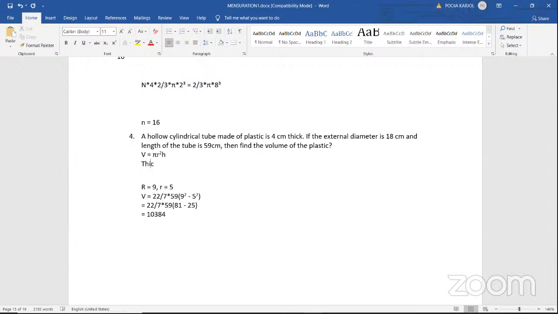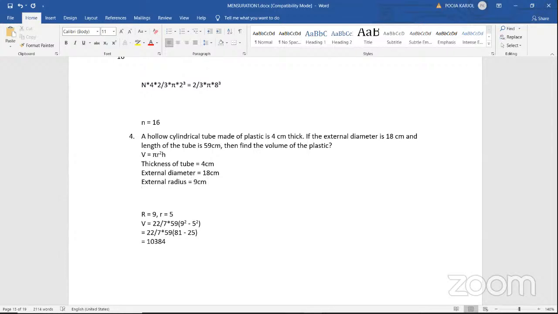The thickness of the tube is 4 centimeter. External diameter is 18 centimeters. So external radius is 9 centimeter. So what will the internal radius be? 9 minus 4 centimeter. It is 5 centimeter. So capital R is 9 centimeter.